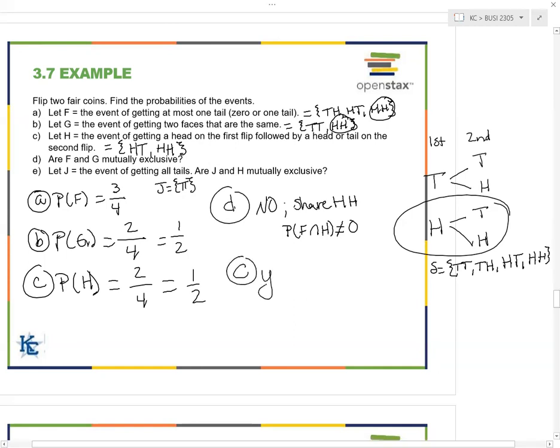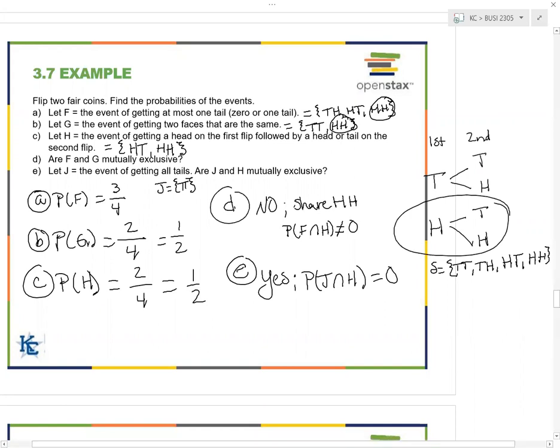Because they do not have anything in common. So mathematically, we would say the probability of J intersect H is 0. They don't have anything in common. Oh, that's E, not C.